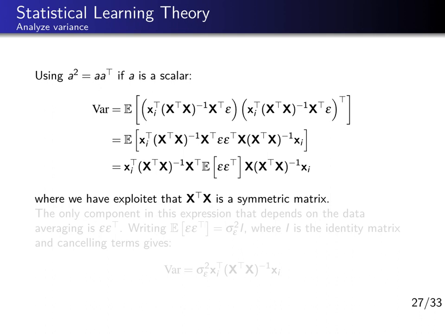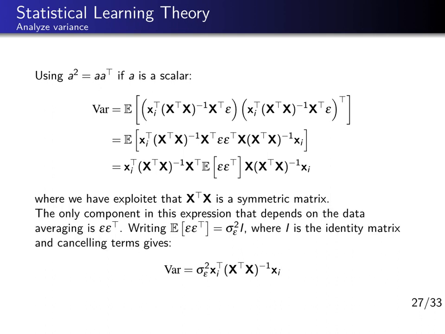For example, that x transpose x is a symmetric matrix. And we obtain the following expression for the variance. The variance contains the covariance matrix of the data x, it contains how every single data point xi interacts with this covariance matrix, and it contains the magnitude of the measurement error as a prefactor.